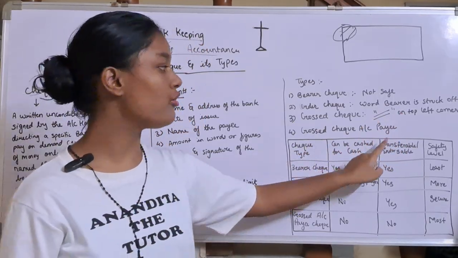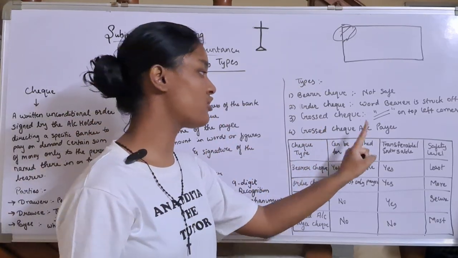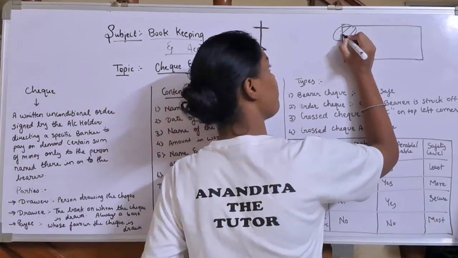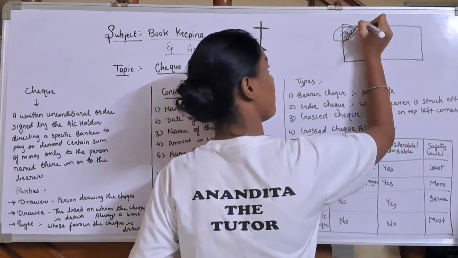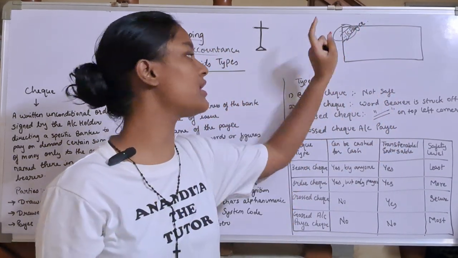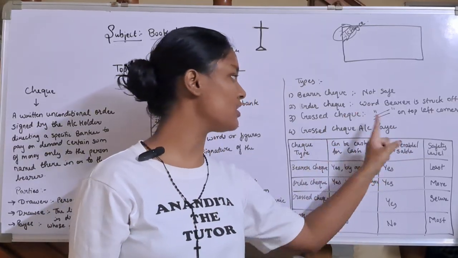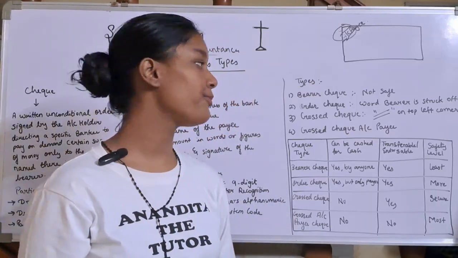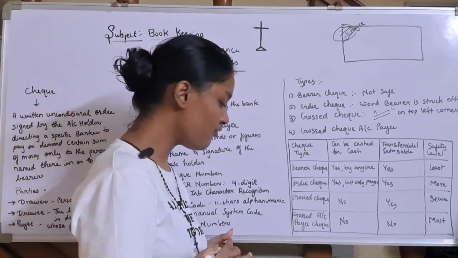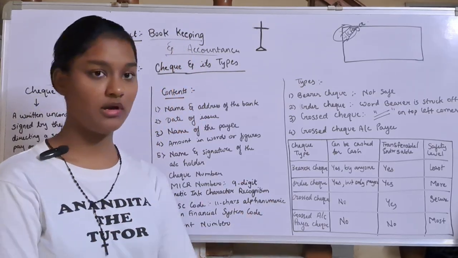In cross check account pay also there are transversal lines, but the difference is that in cross check account pay, account pay will be written. So if account pay is written, then it is called cross check account pay, and if nothing is written, only these two lines are there, then it is called a cross check. Okay, getting it? Now we'll learn the difference between these four types.